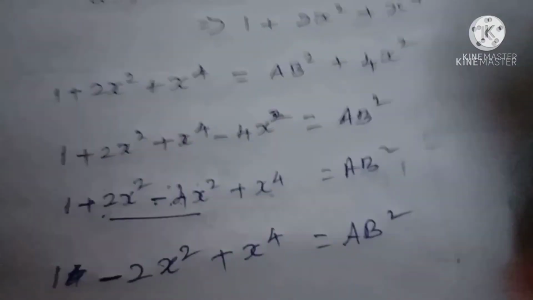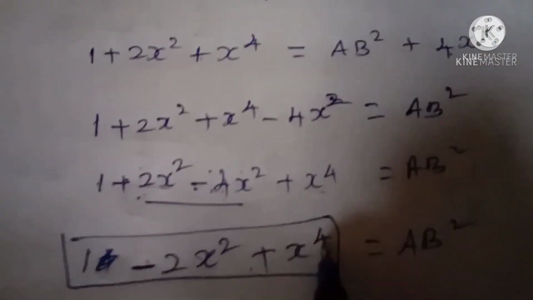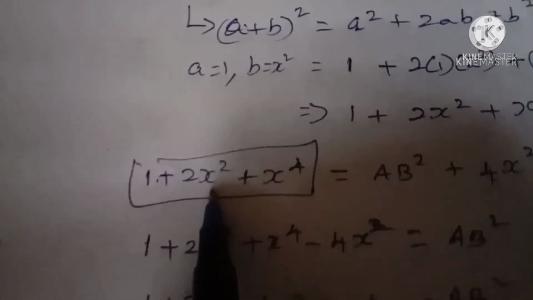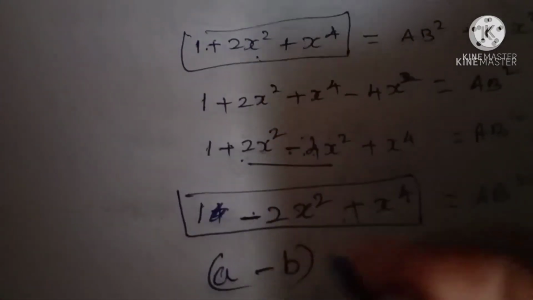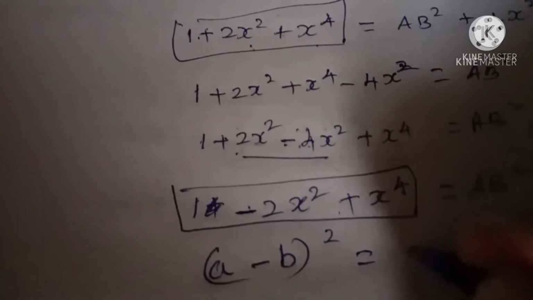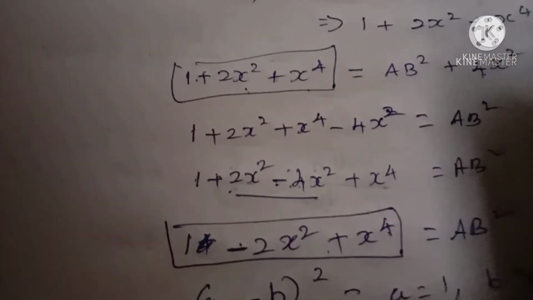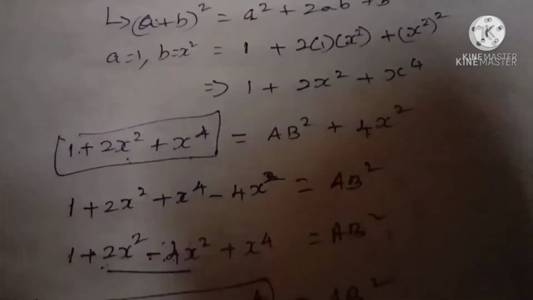Now if you see this identity, 1 minus 2x square plus x power 4 is the same as the identity 1 plus 2x square plus x power 4. Only thing, instead of plus here they have given minus. That means the identity is a minus b the whole square. So here the a value is 1 and b value is x power 4, which means x square.